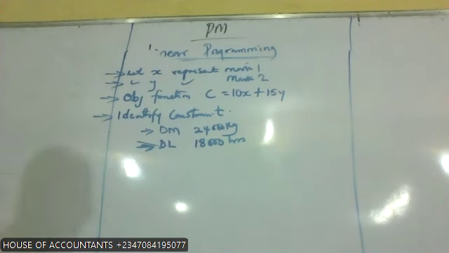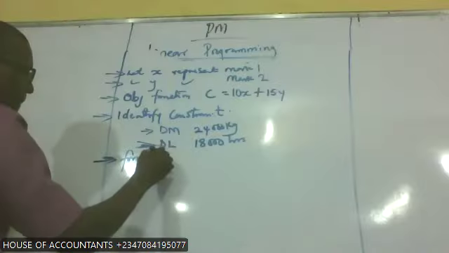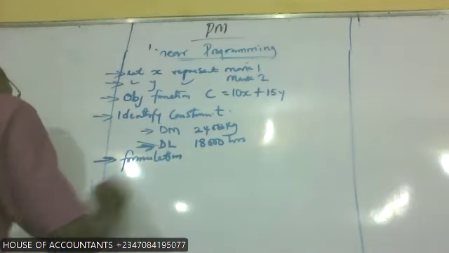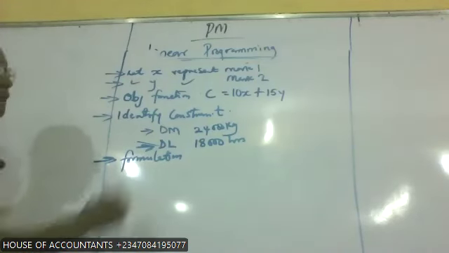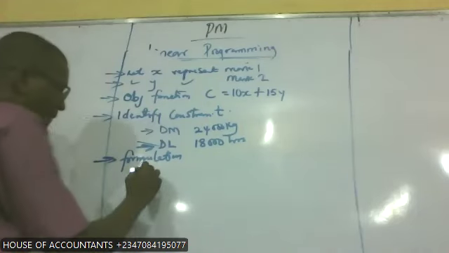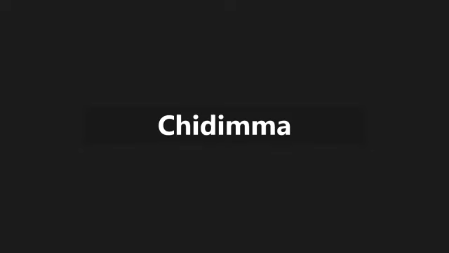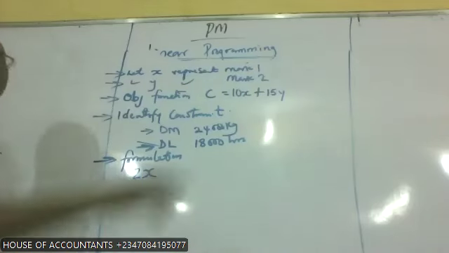What's the next one? Formulation. Formulation for the first one. We are looking at the table. 2X plus 4Y is less than or equal to 24,000 kg.